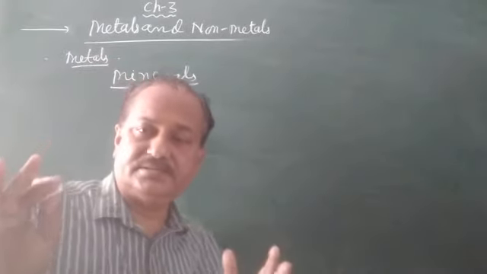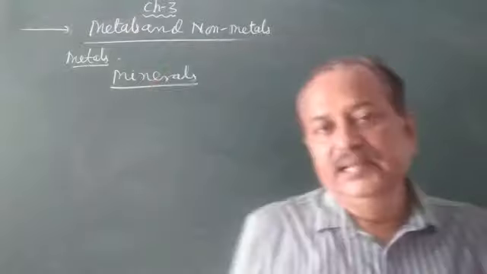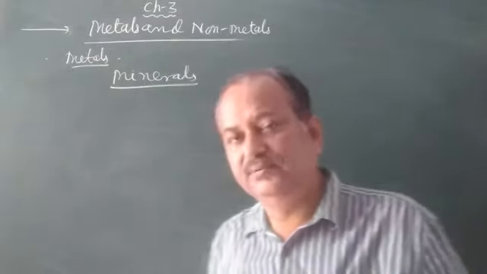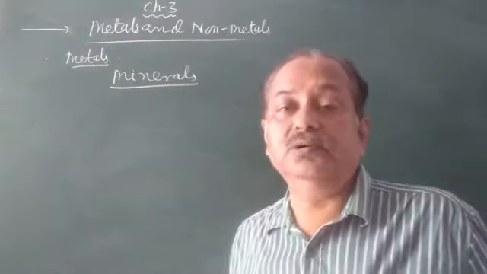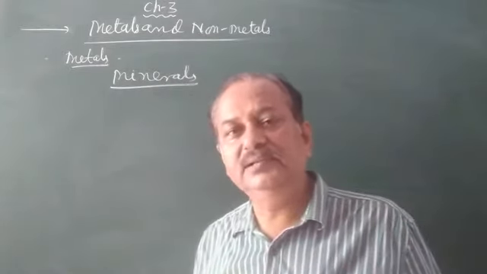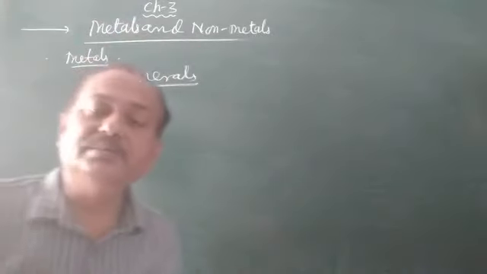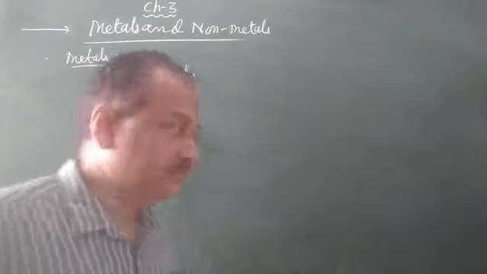Minerals differ from the ores in only one point: minerals have more amount of unwanted impurities like sand and soil, as they are found in the earth crust. So minerals have less amount of metal component.